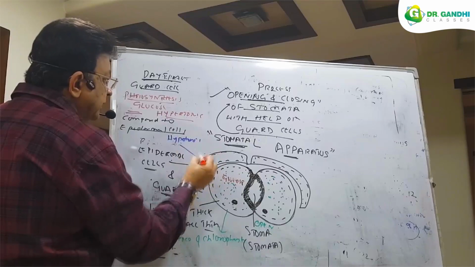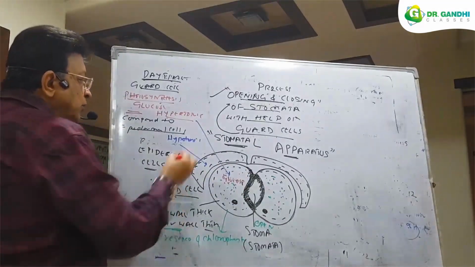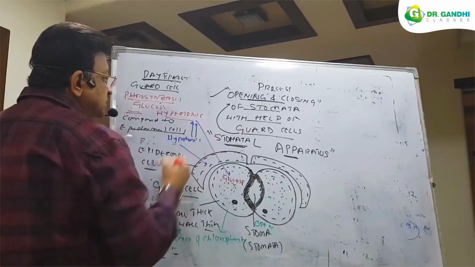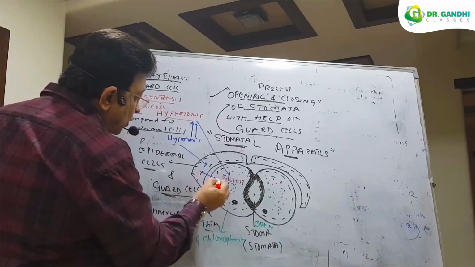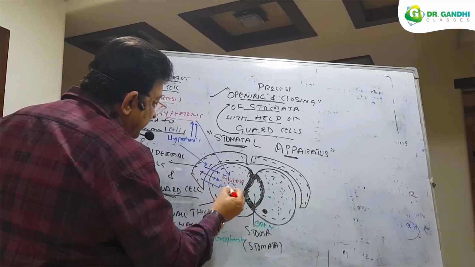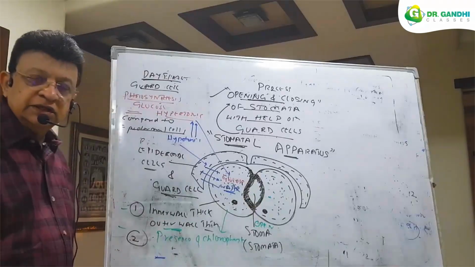So these are hypotonic. This is hypertonic. So you know water goes in osmosis from hypotonic to hypertonic solution. So water during daytime enters the guard cells.